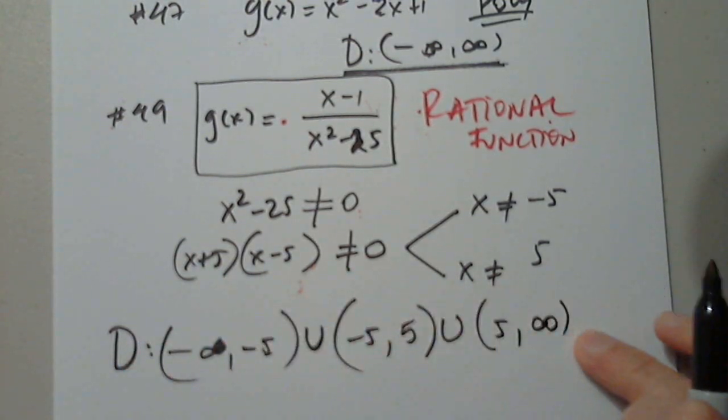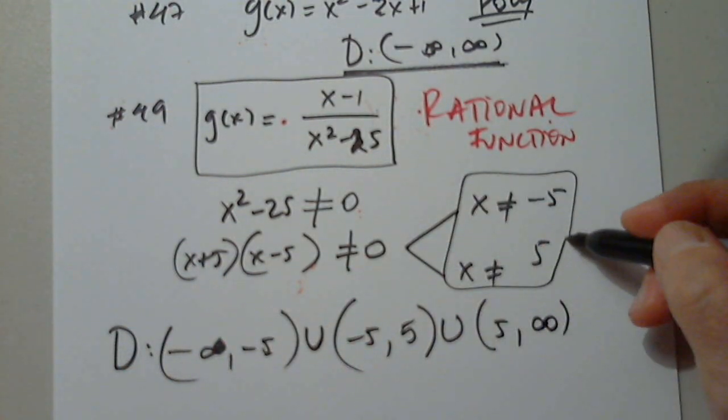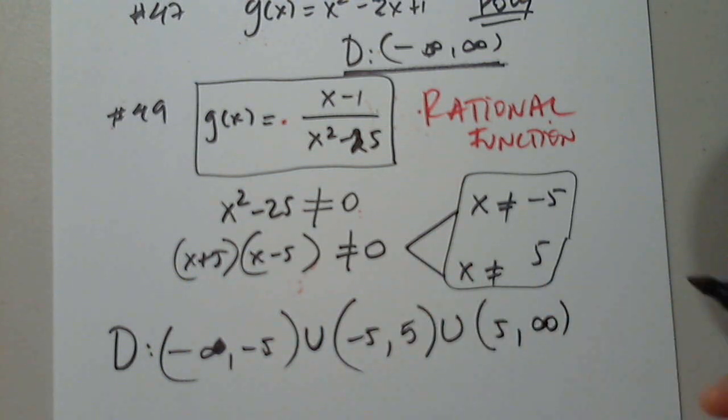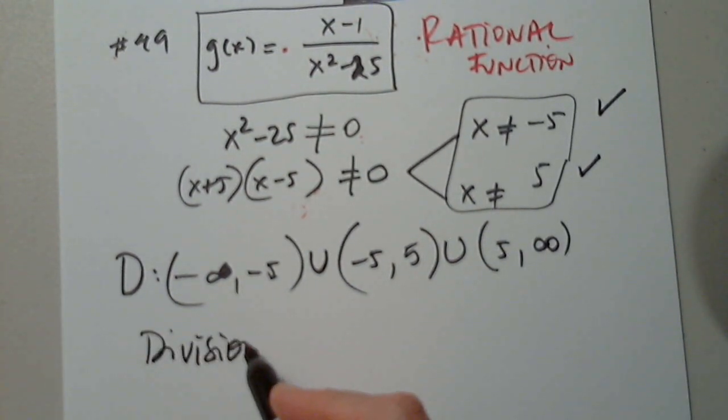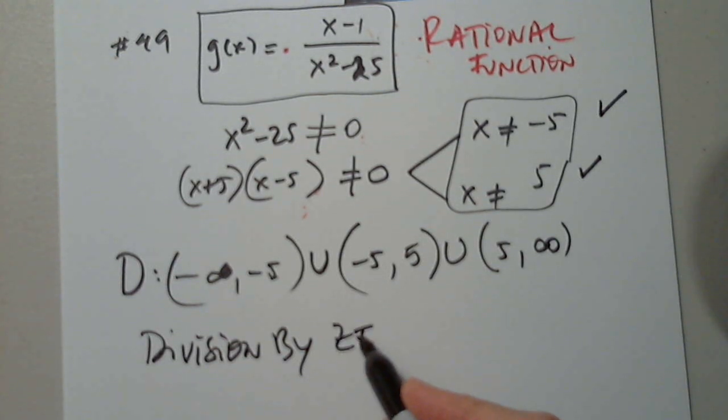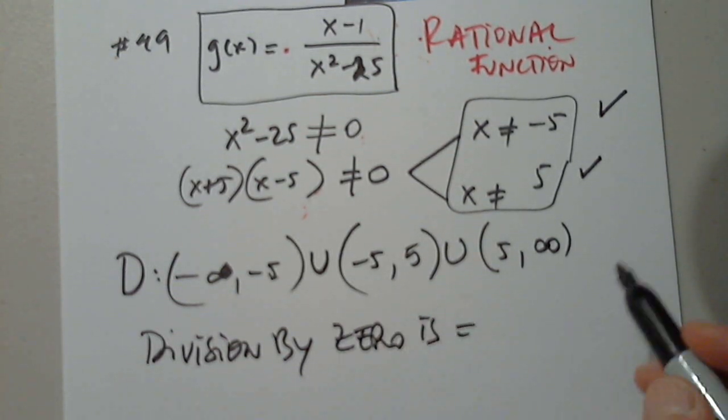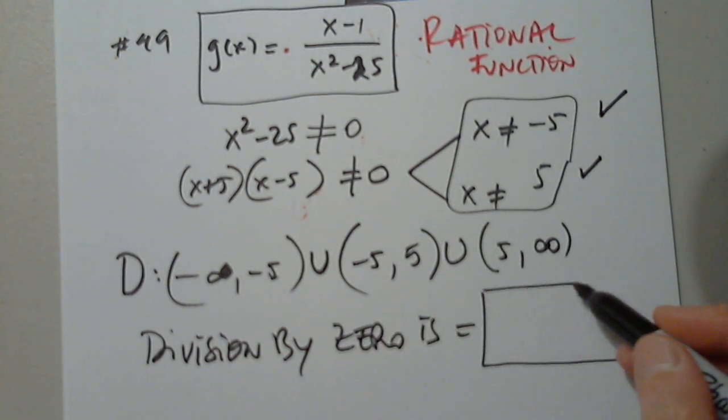So in plain English, this says: anything you want except these two. Why? Because division by 0 is called division by 0, a fancy word.